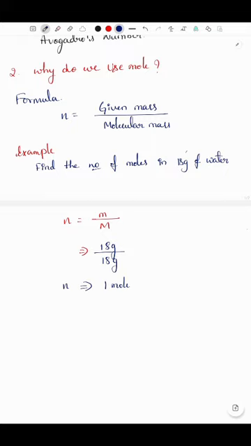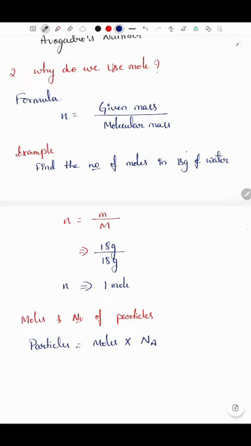Then how is this connected to the number of particles? Now I am explaining how moles are connected to the number of particles. Suppose we know the number of moles, then we can also calculate particles by using the formula: particles equals moles into Avogadro's constant, that is Na.